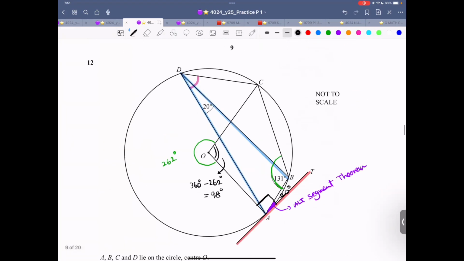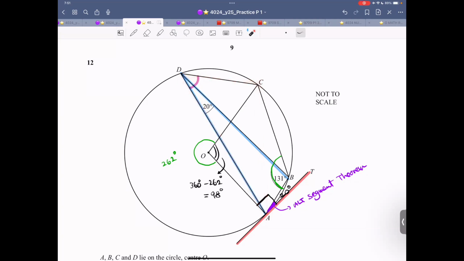I'm looking for ADC. Now, in order to understand ADC, is there any diameter? This is A, and this is D, and this is C. So now ADC, is there any angle produced by AC at the circumference?